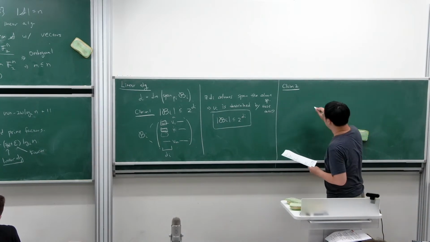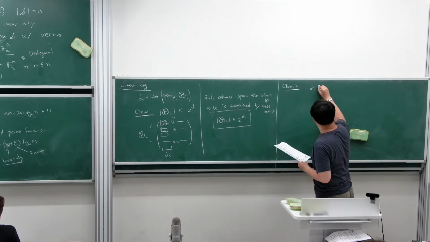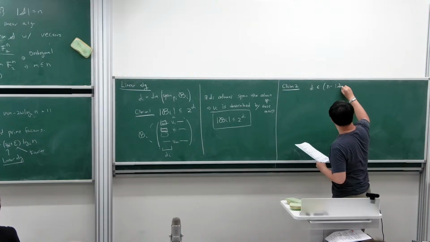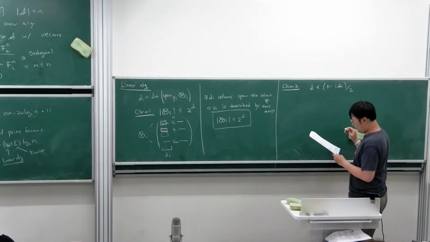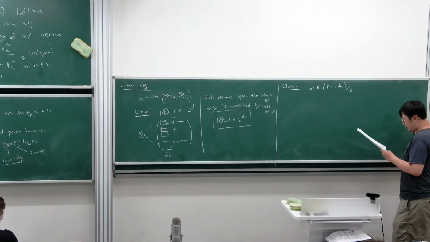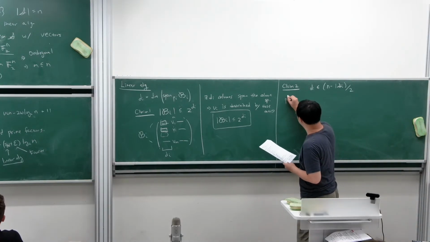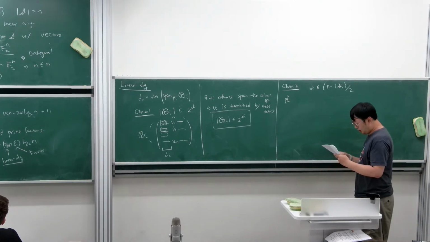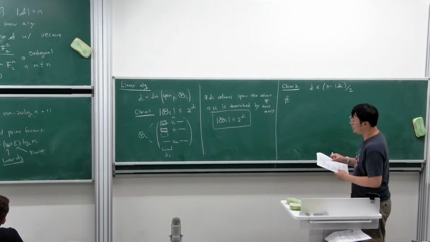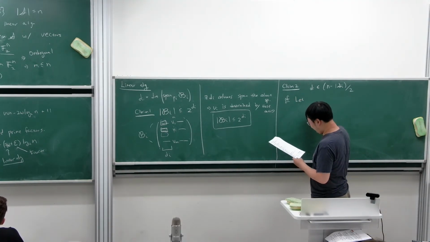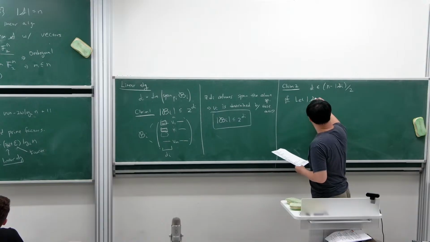Okay, so for claim 2, I have Di less than or equal to n minus Ai over 2. Right. So let's set Ai to be k.